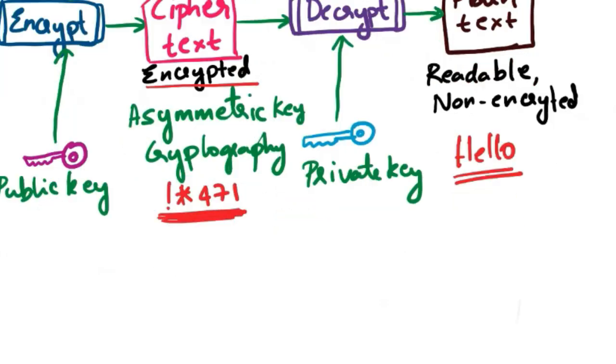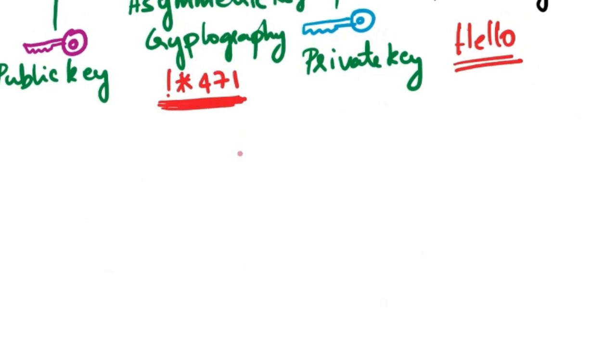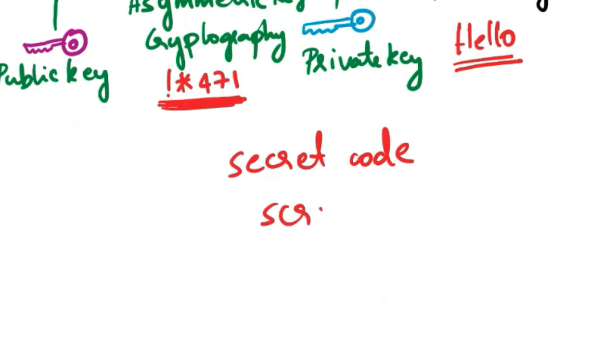So in simple terms, cryptography is like using a secret code to hide a message from prying eyes. Imagine you have a secret message that you want to send to a friend. Instead of sending it as plain text where anybody can read it, you use cryptography to encode the message into a scrambled form using a special key.